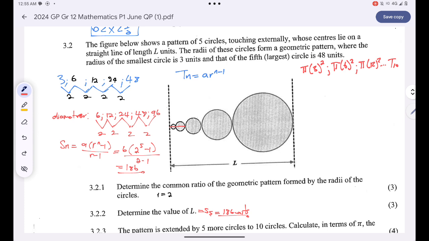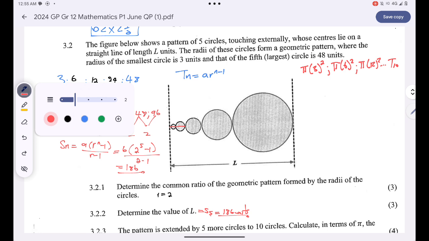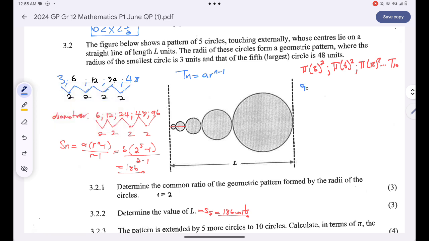So I know that the area of my first circle will give me 9 pi, then 36 pi, then 144 pi. It will go on until the 10th circle. Now, if I check there, guys, these areas form a specific type of sequence, and this sequence has to be geometric.